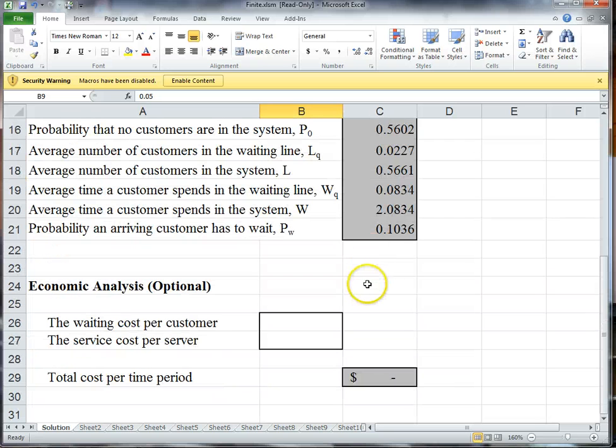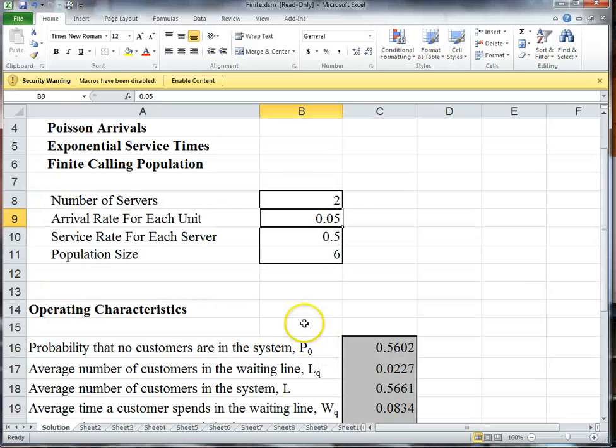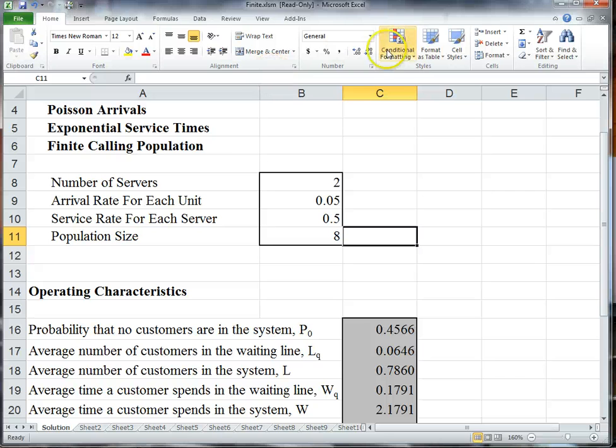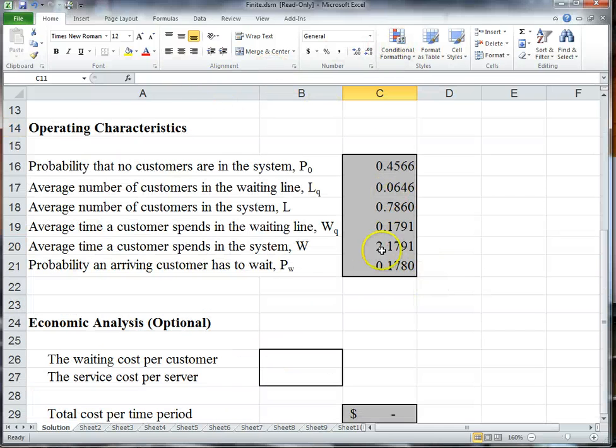And this would be the operating characteristics, and same thing, we can do the cost analysis. So if I change this to, say, if I have 8 machines instead of 6, click here. Oh, what happened here? Oh, I didn't enable content here. Oh, yeah, sometimes you have to both enable editing and enable content. So I got those values.